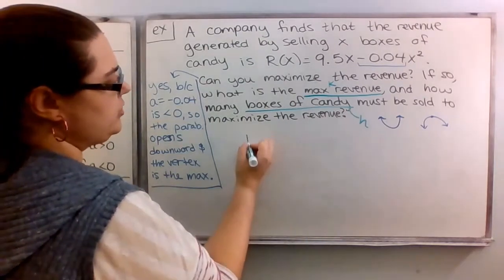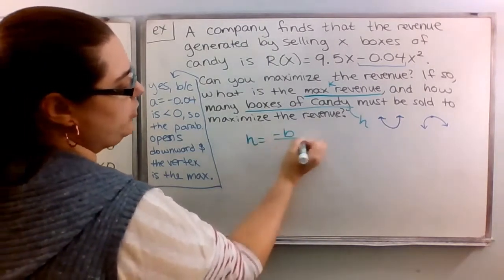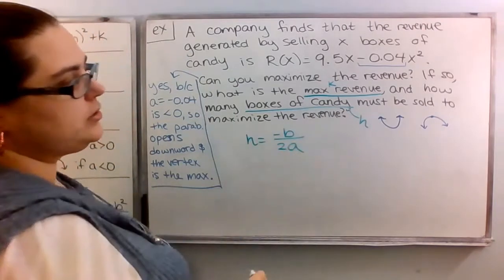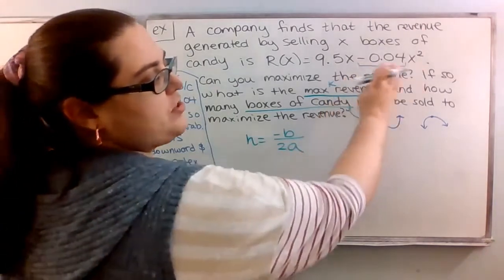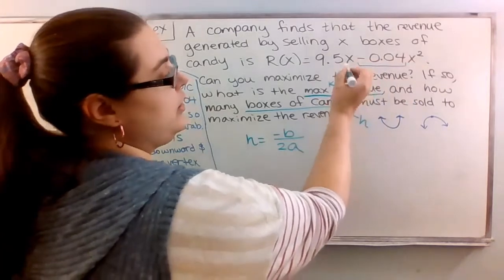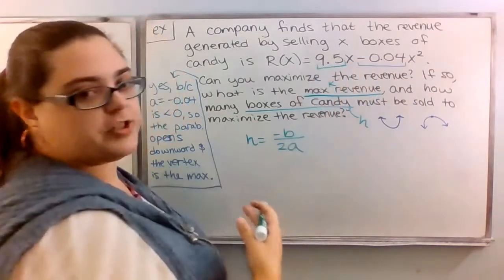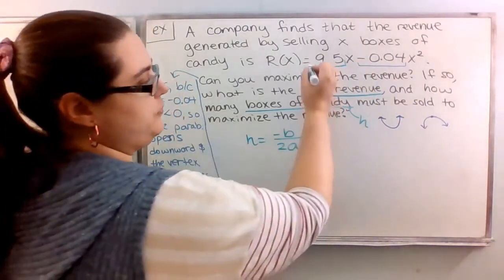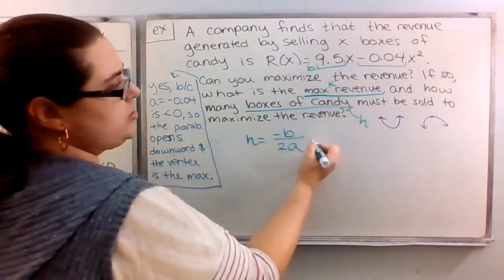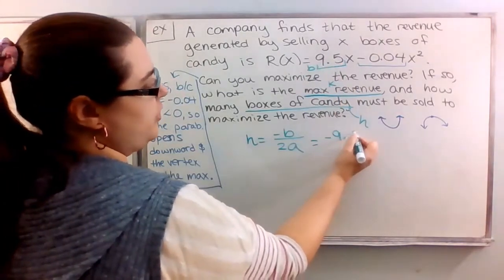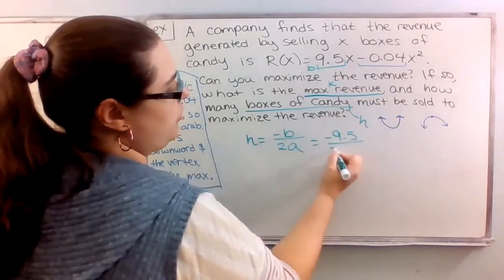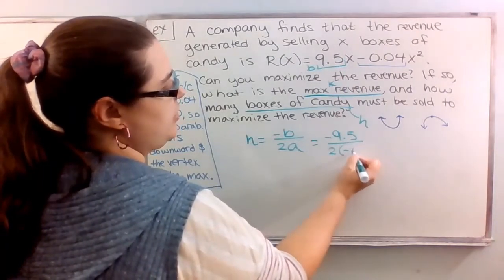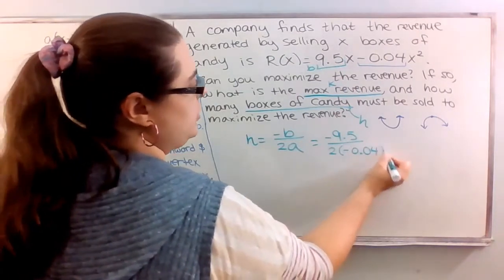So h is negative b over 2a. We already know that this is our value for a. And because this is the coefficient of x, that's going to be b. So we have negative 9.5 over 2 times a negative 0.04.